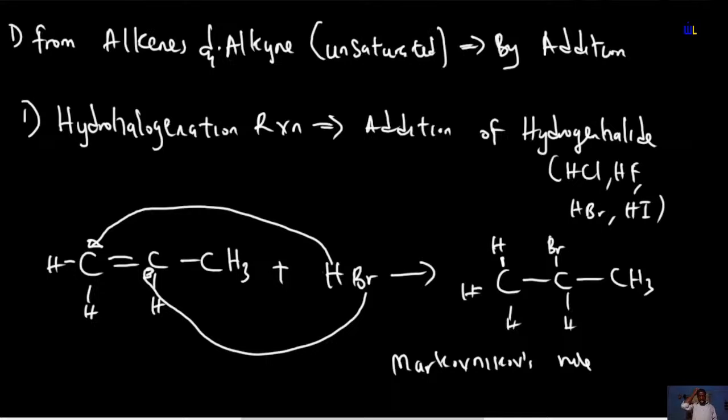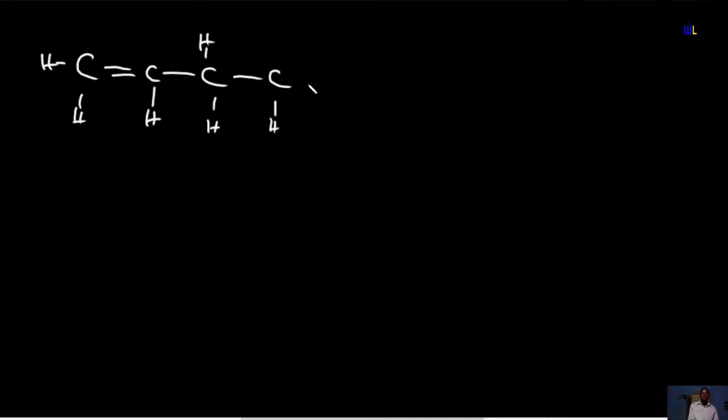Okay, let me just give you this question. You should try it. Imagine I have a hydrohalogenation reaction. According to Markovnikov's rule, I would like you to give me the major product of this reaction. Imagine, for instance, you had something like this, with hydrogens here, and then this is HCl.